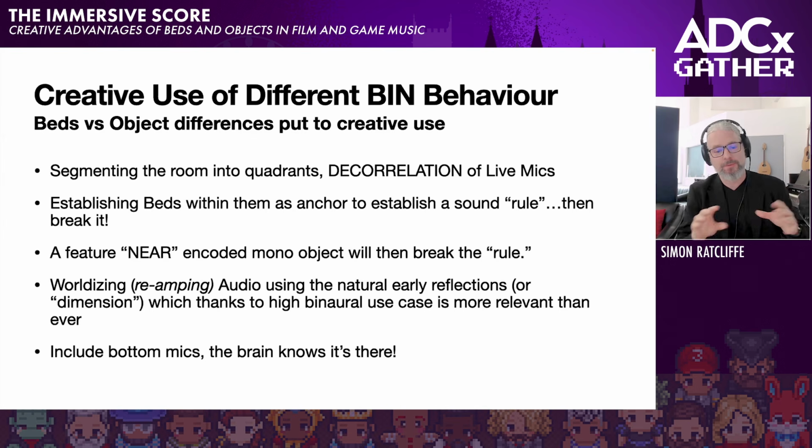So if you have a very lush ambience, set so it's mid and far, and then you've got a single object that's near, like a synthesized object or a voice, running through space, you are using the anchor of the bed to really separate it out, which is very effective.